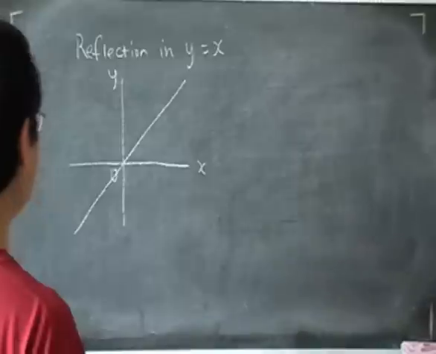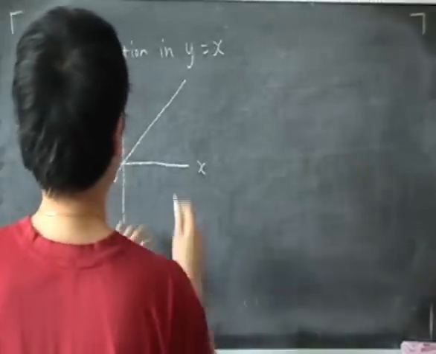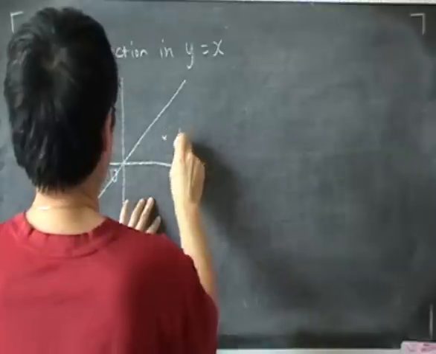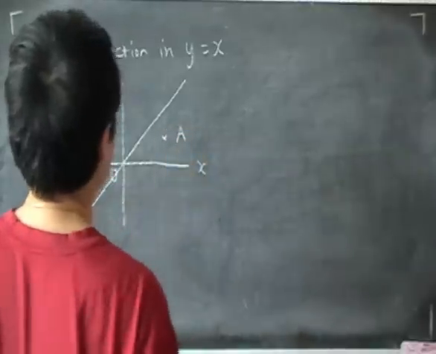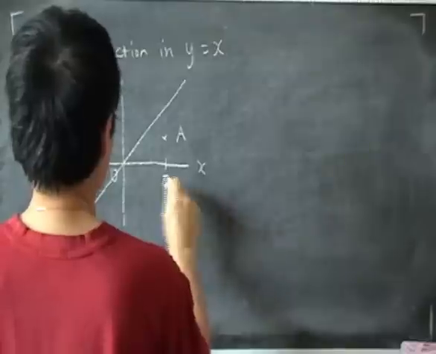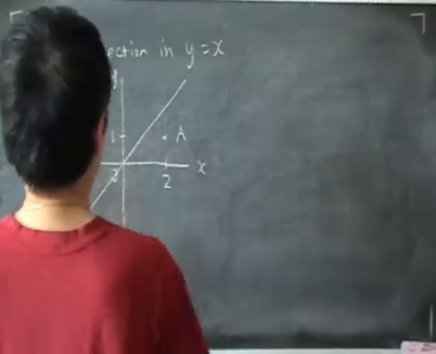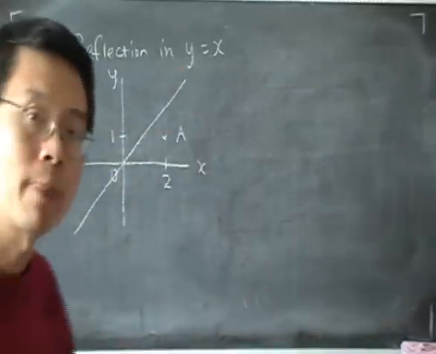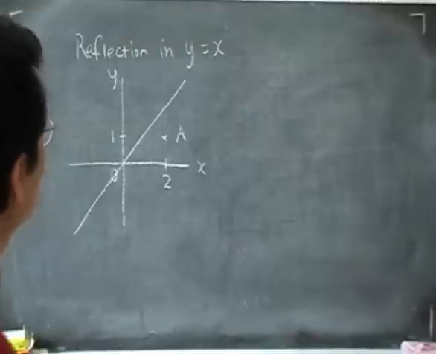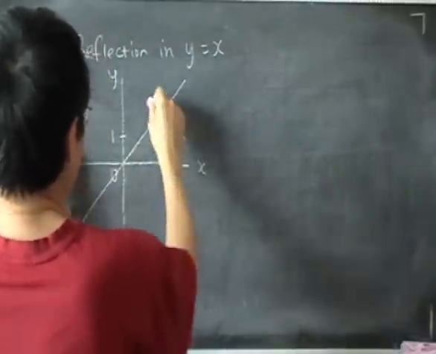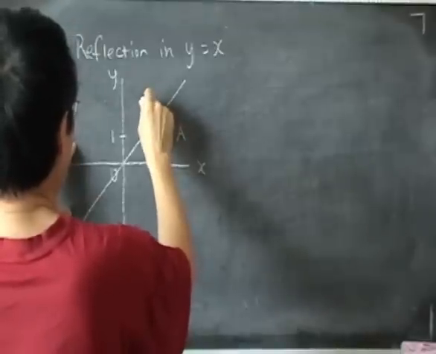Okay, so let's start with an example. Let's look at point A with coordinates, let's say 2 and 1. Now if we think of this line as a mirror, we can see that the image should be roughly there.